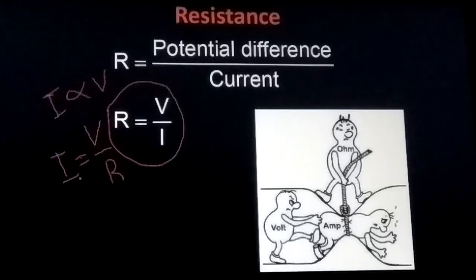After removing the proportionality constant, we got this formula. By using this formula, we can write V equals IR. If you cross multiply this, R to here, I to the denominator, we will get R equals V by I. So this is an example of how the resistance acts in a circuit.